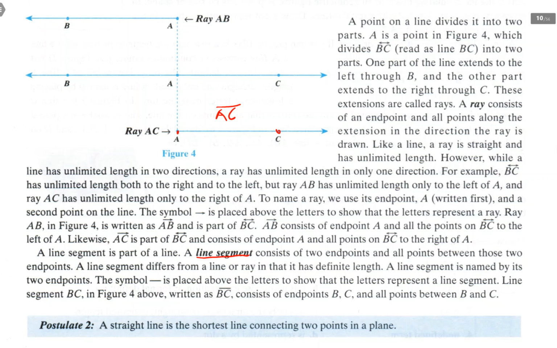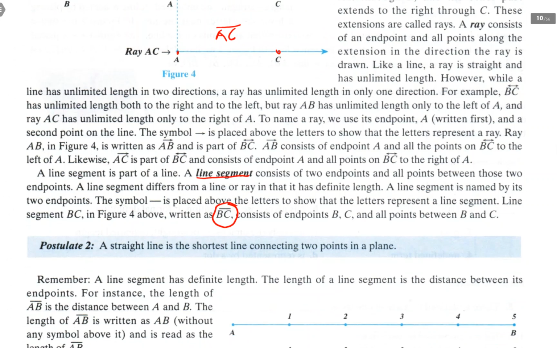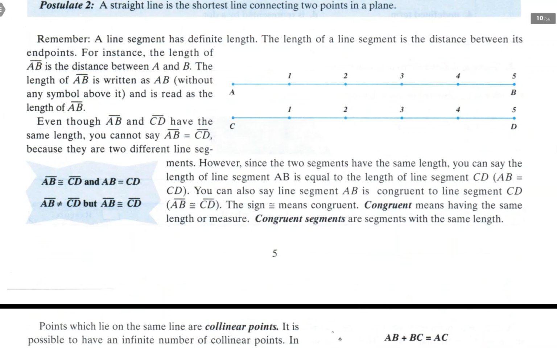You indicate a line segment by drawing the 2 points that you're talking about and then drawing a little line above those 2 points. And that shows that you're talking about that line segment. This one here consists of AC and all the points between A and C.